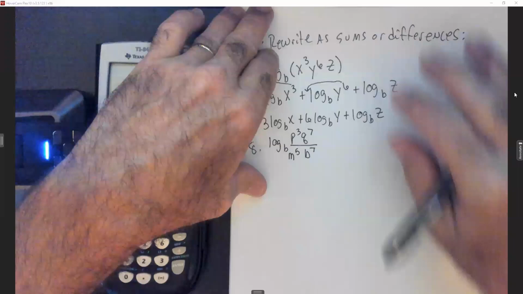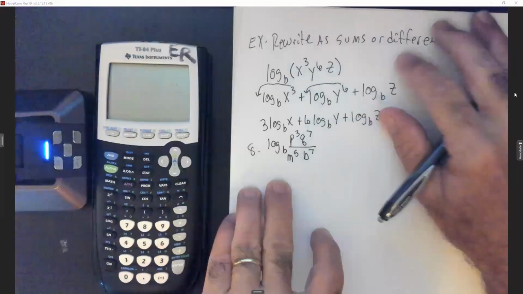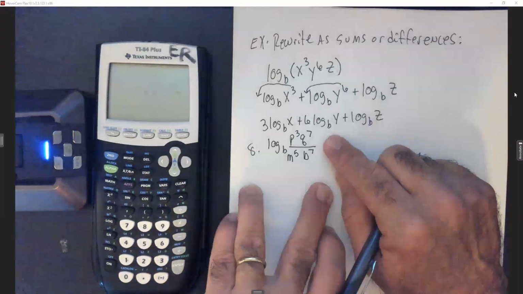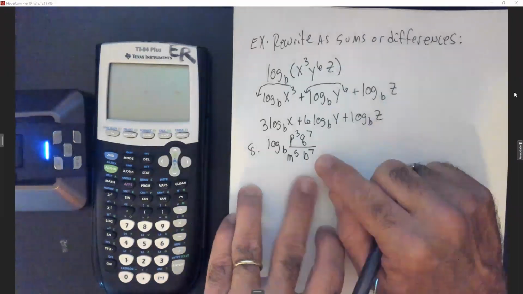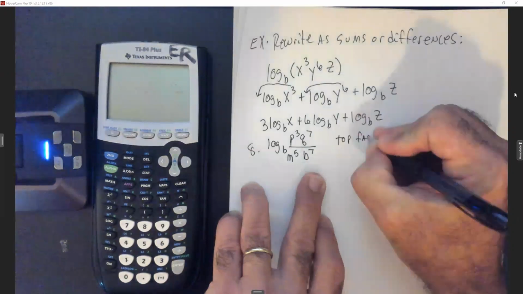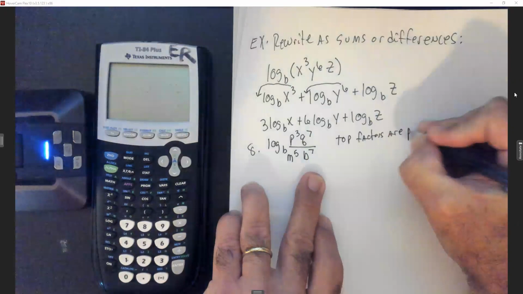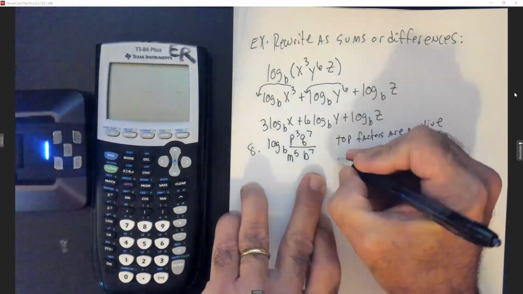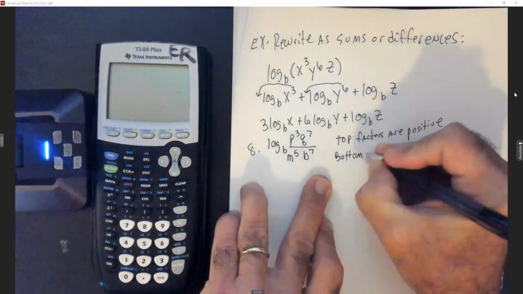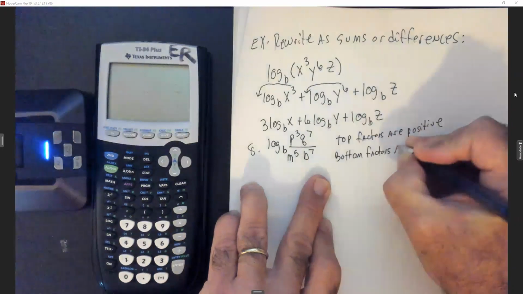So when you rewrite this as sums or differences, if it's on top, it'll be positive. If it's on bottom, it'll be negative. So top factors are positive. Bottom factors are negative.